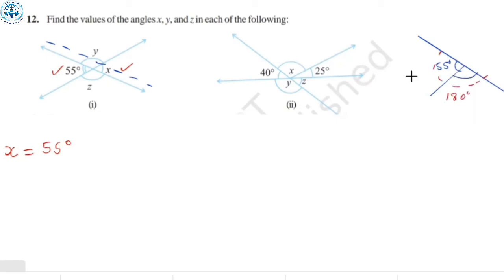So we can easily find the other angle by subtracting 55 degree from 180. In this way we will get the result as 125 degree. So angle Z is equal to 125 degree. So we have found two angles, angle X and angle Z. Now we will find Y.